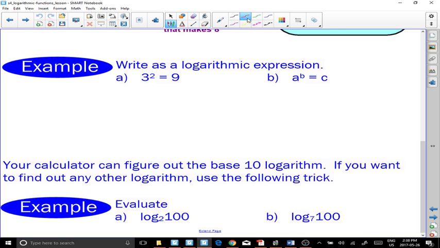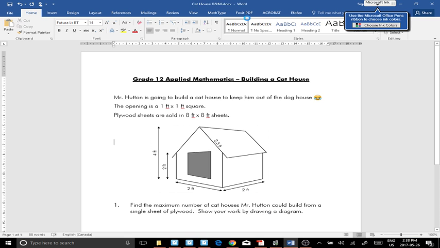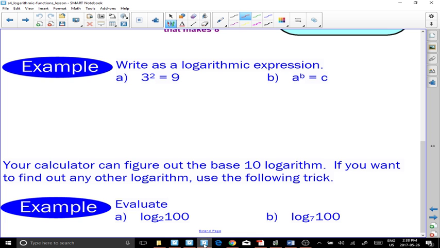So how we do this is simple. Once you get used to it, it's simple anyway. We would write this as the log. The base would be the same base as the exponent, so the log base 3 of 9.